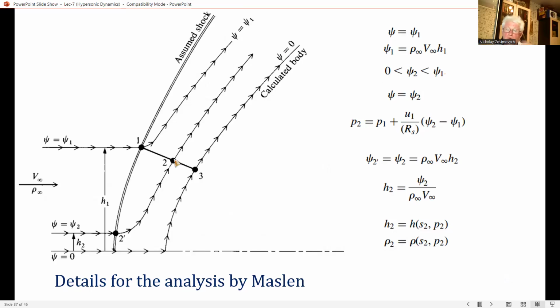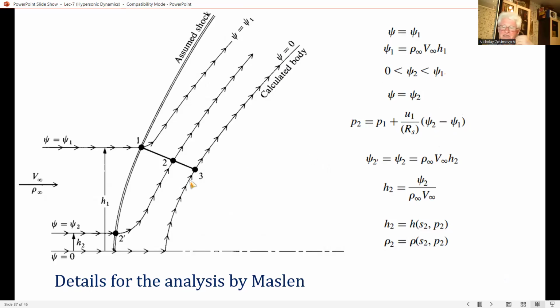The precise value of the physical coordinate y2 will be found in subsequent steps. Next, calculate the pressure at point 2. We get the expression for p2: p1 plus u1 over r_s times the quantity psi2 minus psi1.